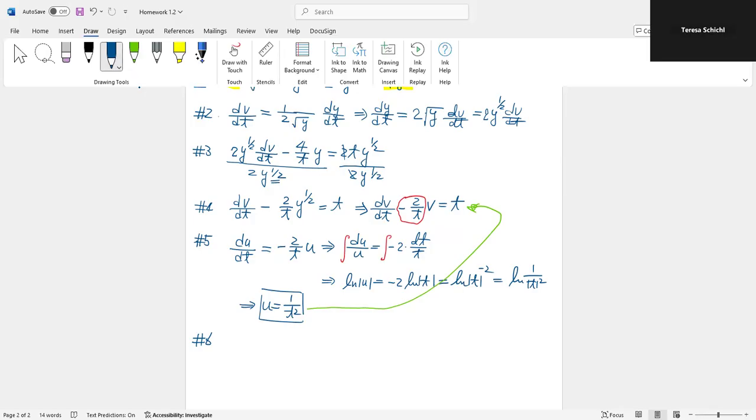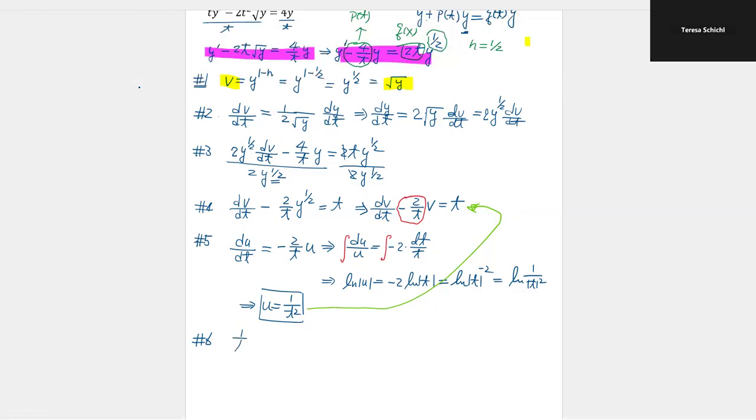Let's take a look at what we have. This will be 1 over t squared dv/dt, then minus 2 over t cubed times v. Then this one here will be 1 over t.